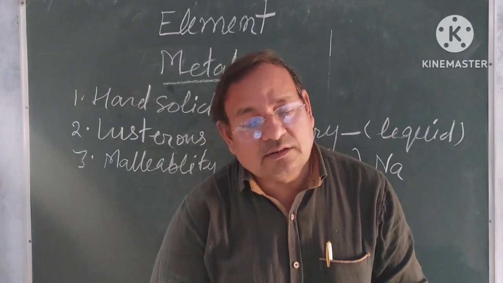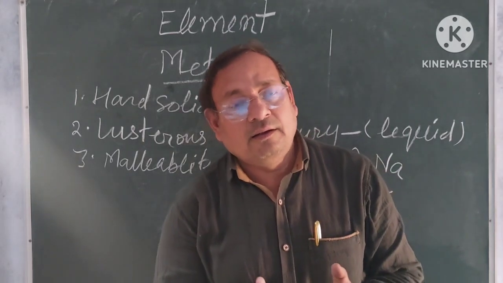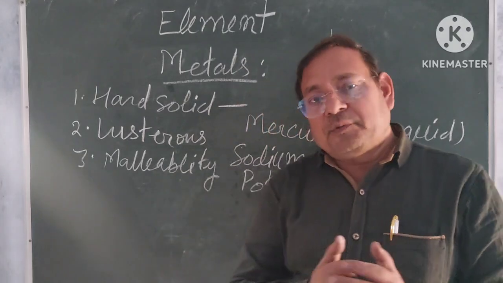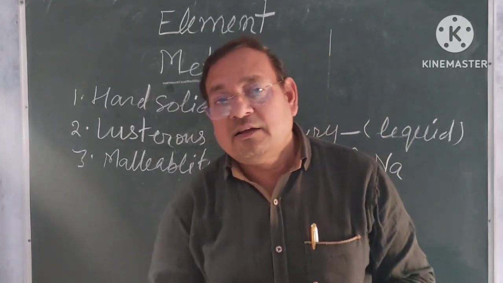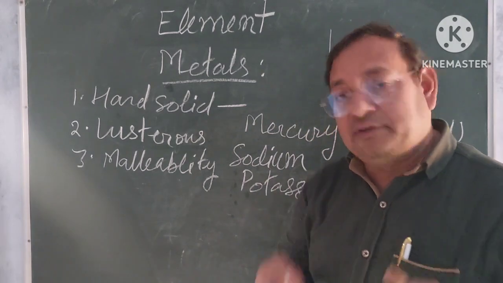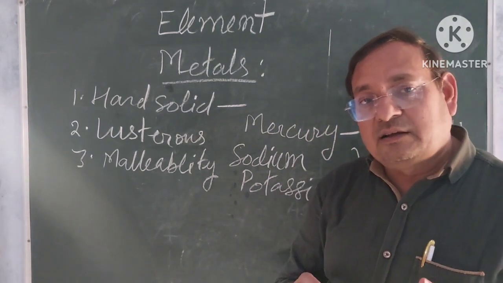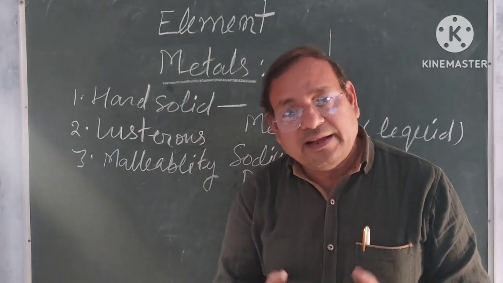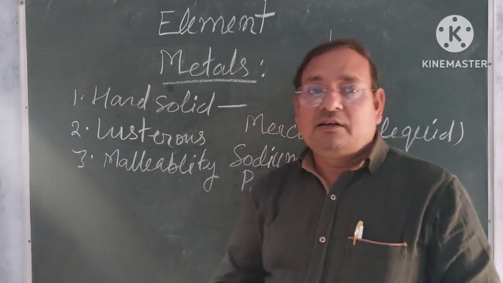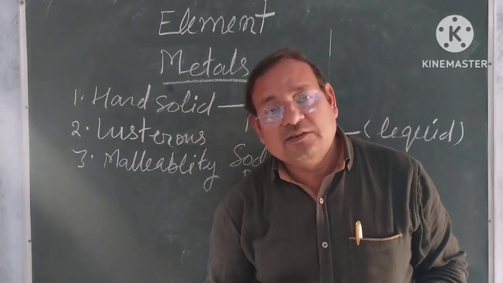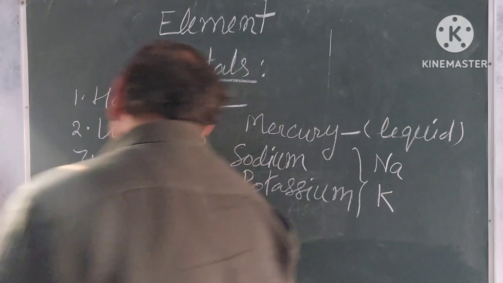My dear students, I am going to tell you another important property of the metal, that is ductility. Understand? I will explain ductility very well. If you are very sincere to listen to me, you can understand the property of ductility. Now, my dear students, see the property of ductility.